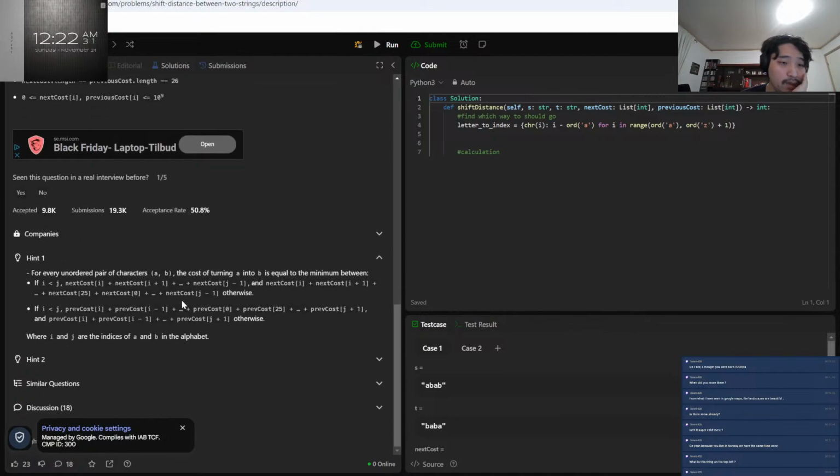Okay, for every unordered pair of A, B, the cost of random is equal to the minimum between... Yeah, but how does this help me?